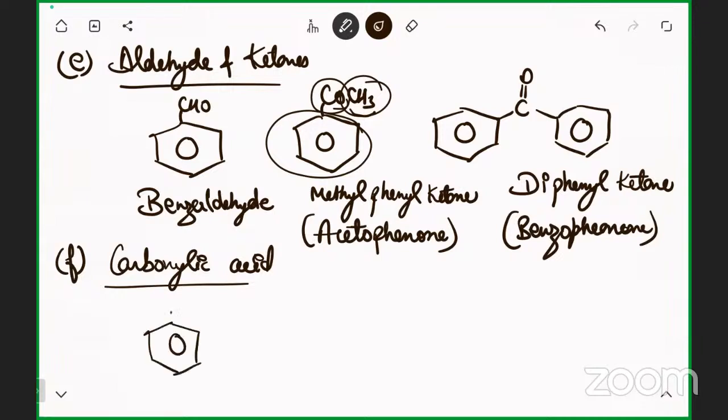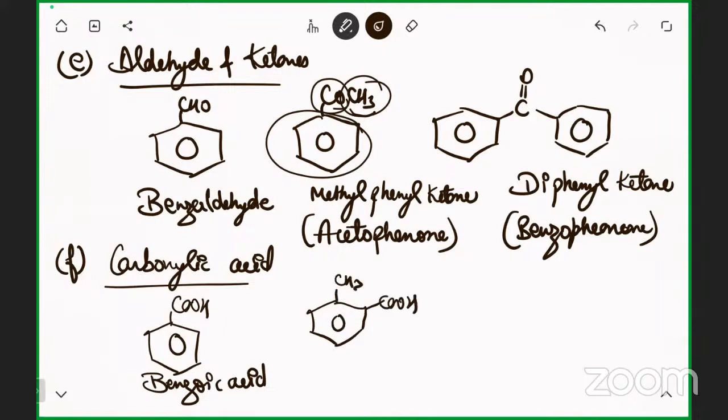Benzene having COOH, we say it is benzoic acid. Then benzene, here we have CH3, here we have COOH. Tell me the IUPAC name. Remember the priority order, then write the name.